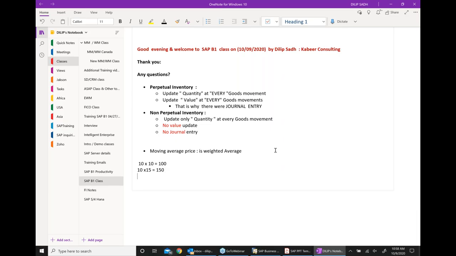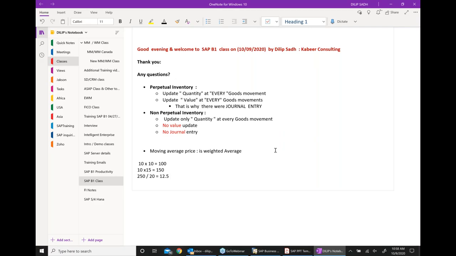Now what is the weighted average? 250 divided by 20, 12.5. So in case of moving average price, the system keeps doing a weighted average. When the system evaluates your inventory, it takes the weighted average of all quantity and all purchase price and updates it. That is the small formula.